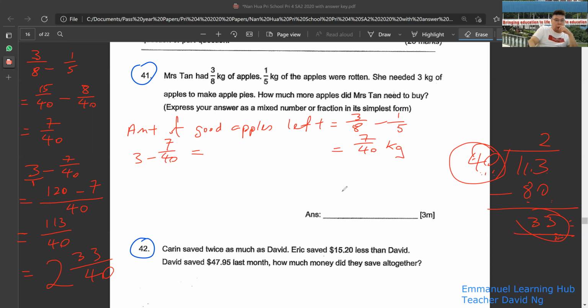So 2 and 33 over 40. So she needs to buy 2 and 33 over 40 kilogram. That's how much more apples she needs to buy.